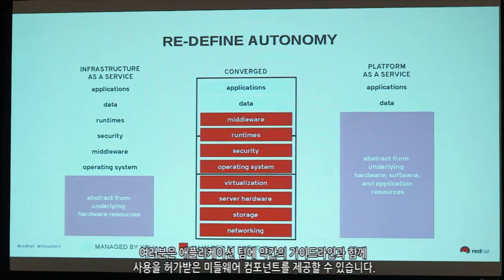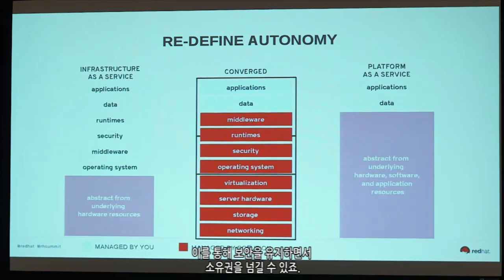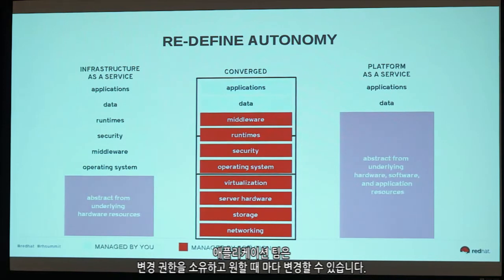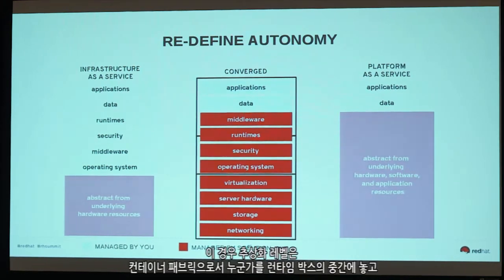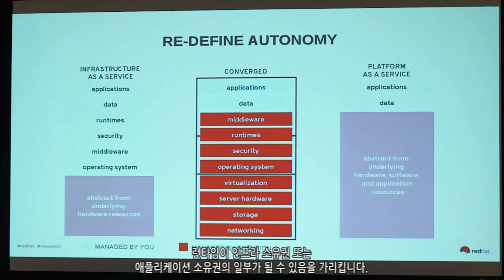With some guardrails and guidelines, you can give them, here are the middleware components you are allowed to use, here's how you have to do security, but you hand over the ownership. They own the change, and they can make the change whenever they want because they sit on a level of abstraction. And the level of abstraction is, in this case, the container fabric that I put somewhere in the middle of this runtime box to indicate that runtimes can be part of the infrastructure ownership or the application ownership.